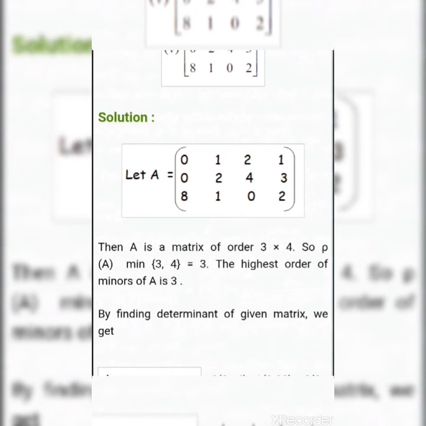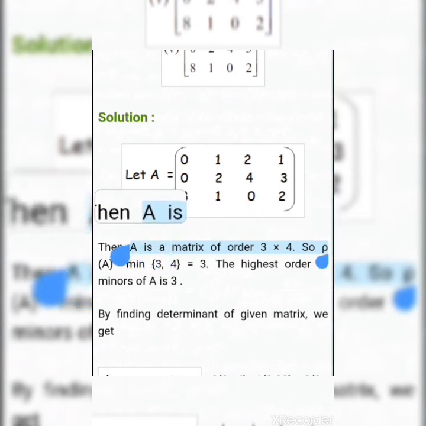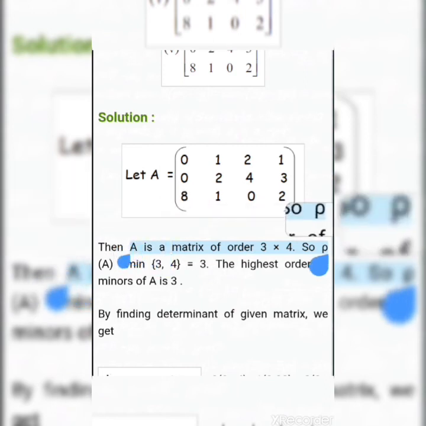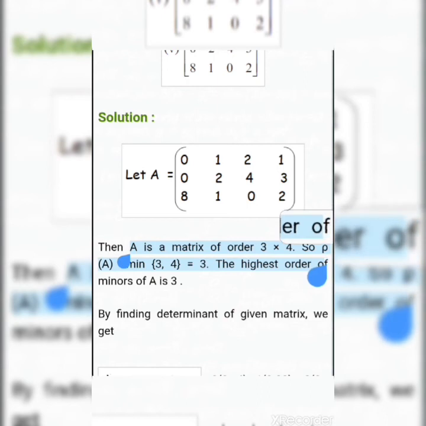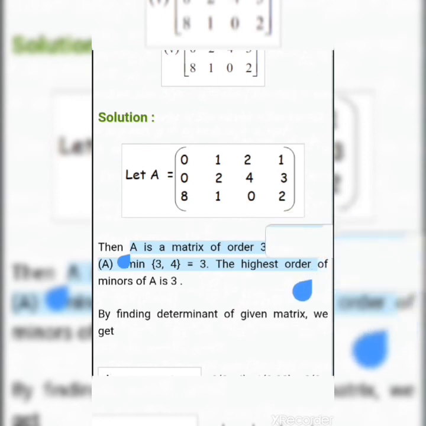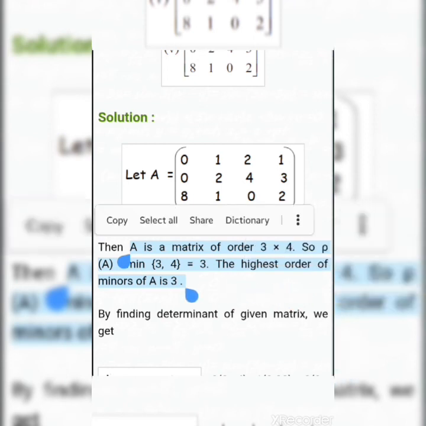A is a matrix of order 3 by 4. Then rank of A is minimum of 3, 4, which is 3. The highest order of the minor of A is 3.